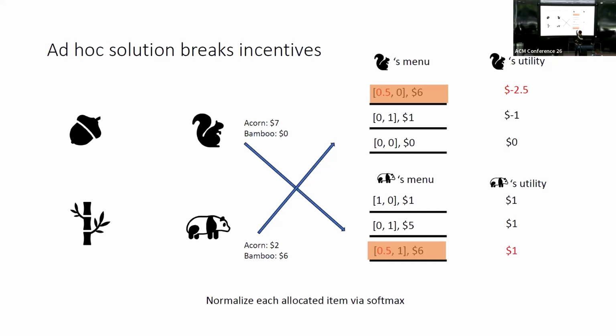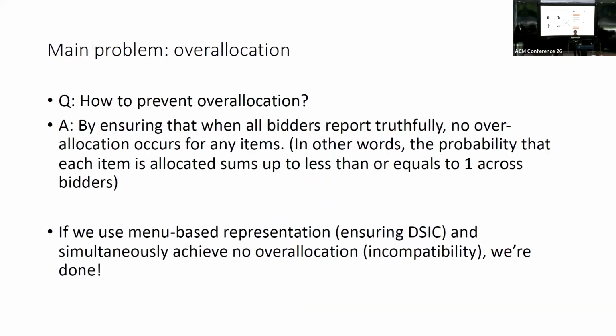But when we change the item after we decide what to allocate, it changes their original incentives. And here you see that the item actually given to the squirrel gives him very, very low utility. And there's actually a strategy for them to misreport so that they just walk away or choose some other item. And so this is a problem. We call this the over-allocation problem.